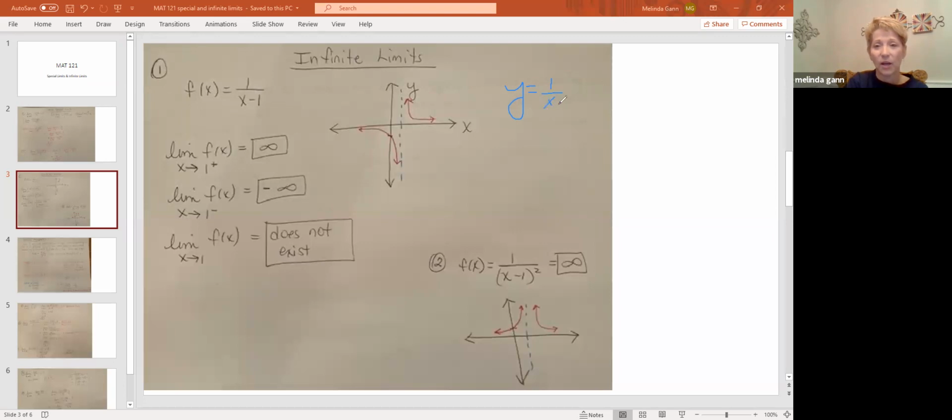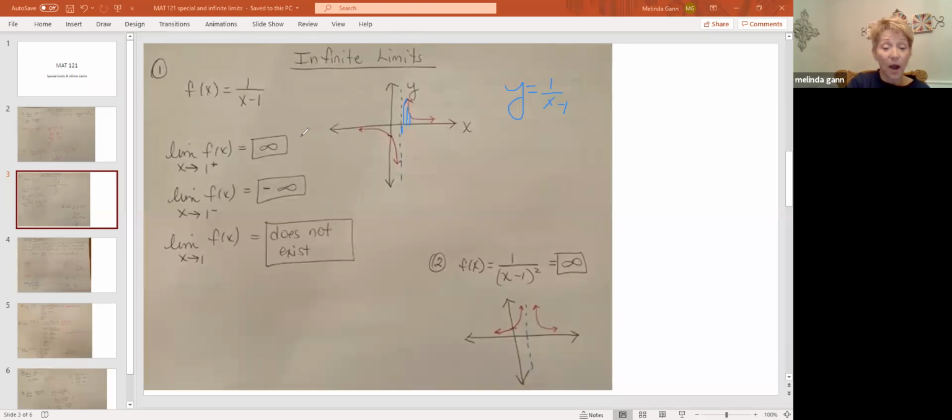Okay? Now look what happens when you get closer and closer to 1 from the right side. So I'm over here. You know, 1 is right here where that asymptote is. Well, that's pretty close to 1, so it'd be about that y value, maybe about 2. If I get closer to 1, do you see how this y value is just shooting up and getting bigger and bigger and bigger?